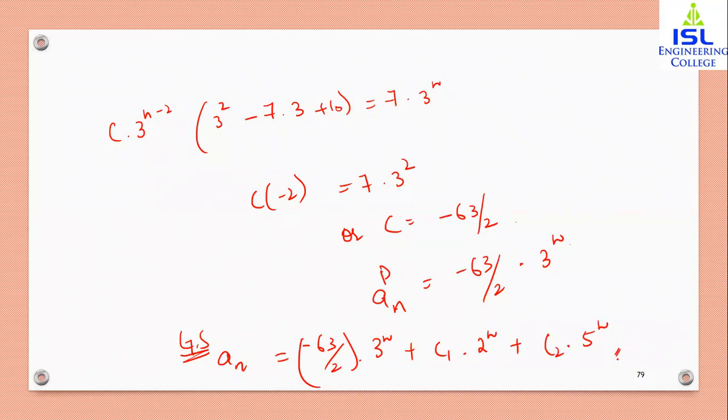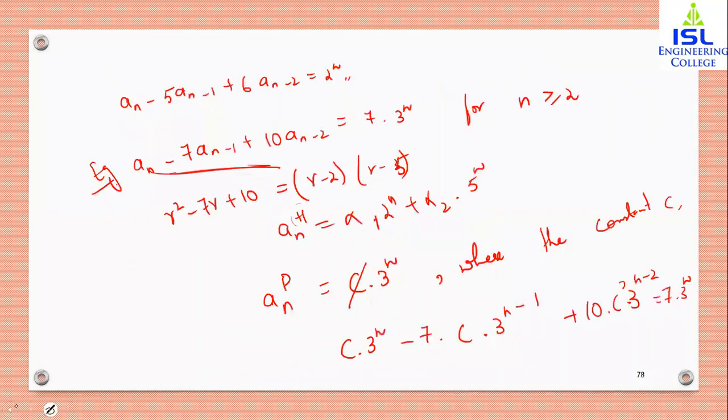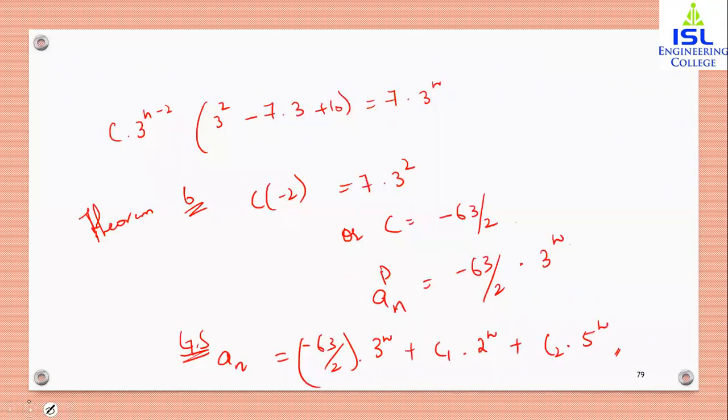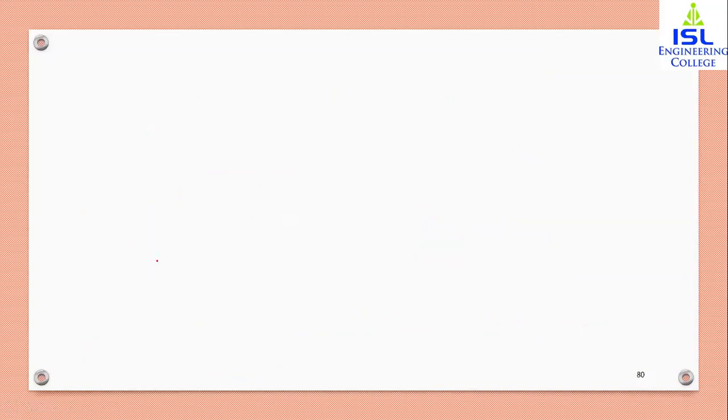For this, we have already seen, this is theorem number 6. Theorem number 6 is basically the method of undetermined coefficients. After this, you can solve a few more examples, or I'll give you another example: a n minus 7a n minus 1 plus 10a n minus 2 is equal to 7 into 3 power n plus 4 power n.